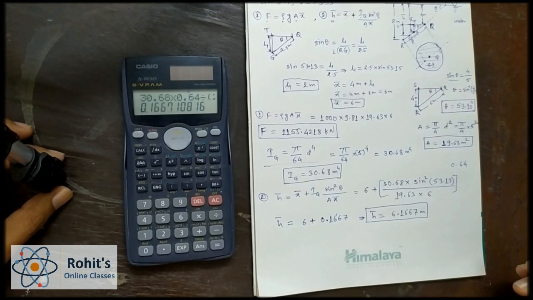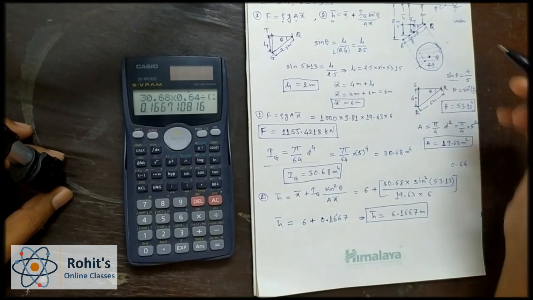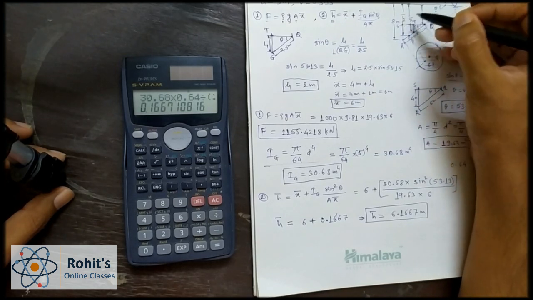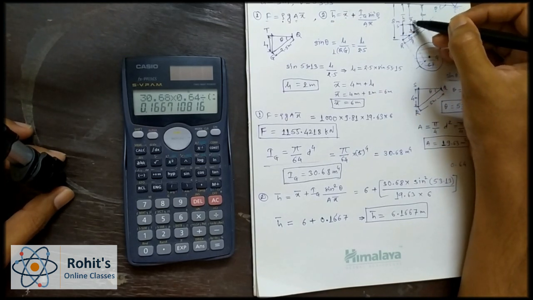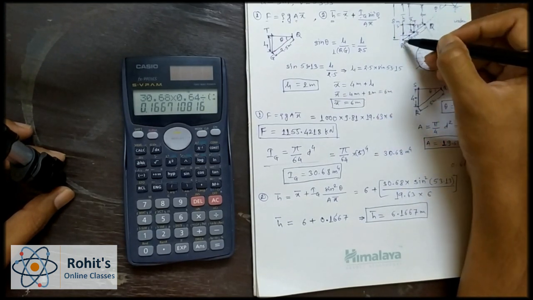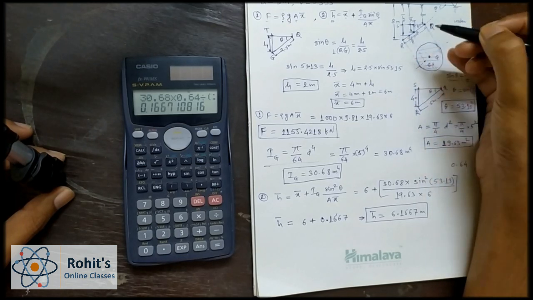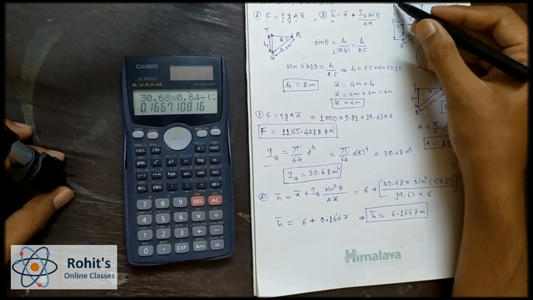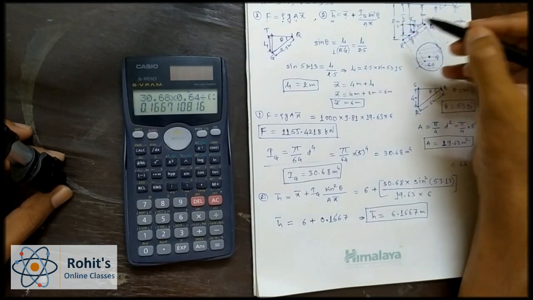Over here you can observe that h bar is in between X bar and 8 meters. X bar is 6 meters, and the lowest point of this circular plate lies at 8 meters from the free surface of liquid. In between these two our h bar comes.